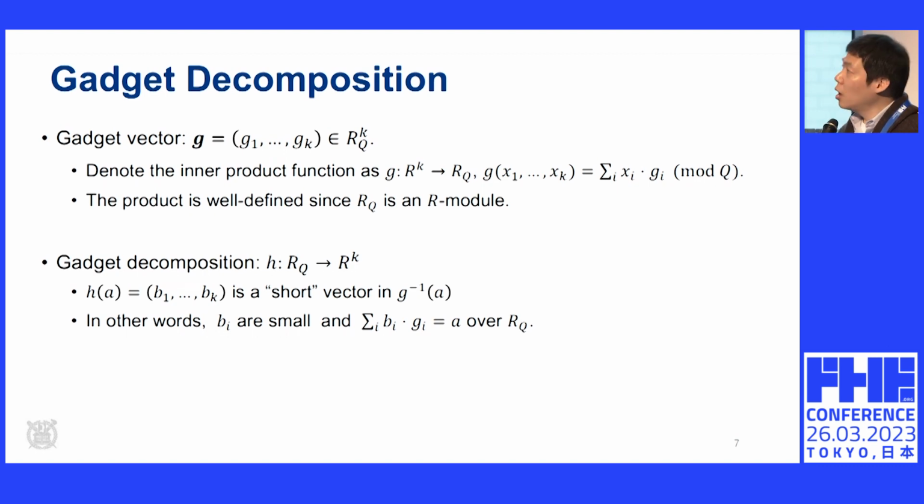In other words, A is an input in R_Q, and a decomposition of A is a k-dimensional vector B1 to Bk such that this linear combination of the G_i is equal to A modulo Q. Roughly speaking, G1 to Gk are fixed Gaussian bases, and you can represent an arbitrary element of R_Q as a linear combination of these G_i with very small coefficients. So this is a transform from a residue ring to a small-norm space.